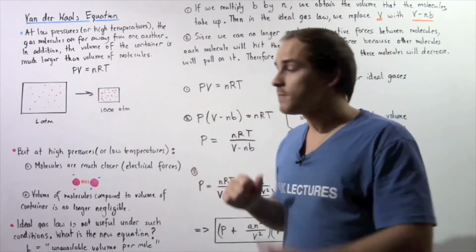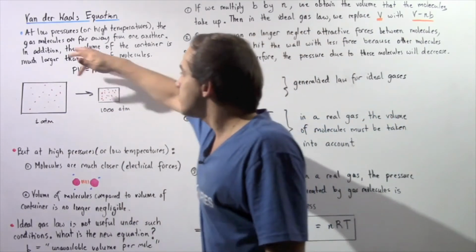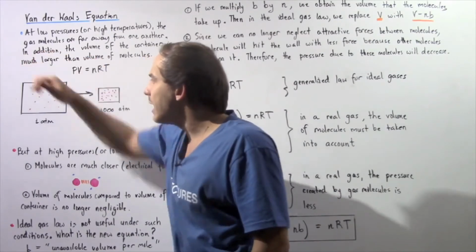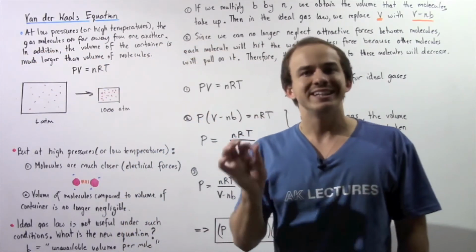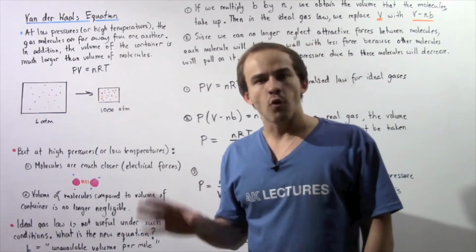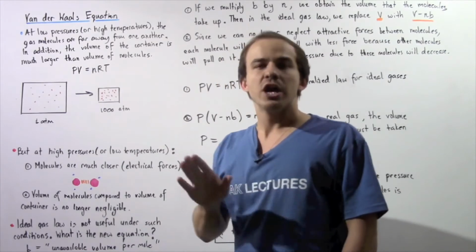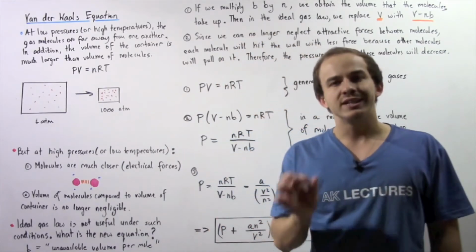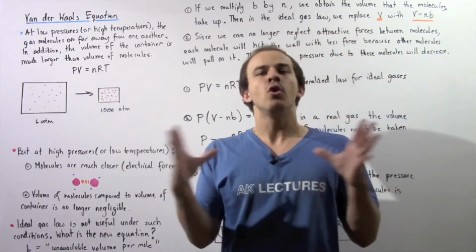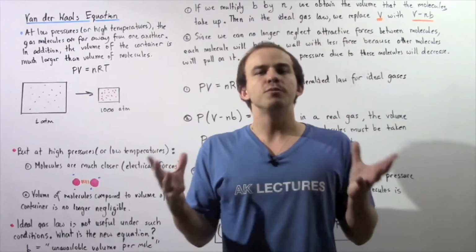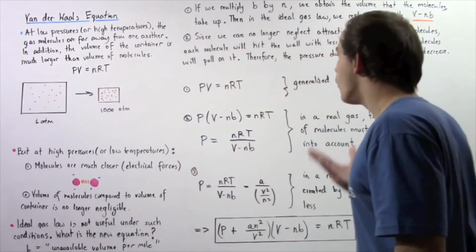Before, under conditions of low pressure and high temperature, the distance between any two molecules was very high, and that means we can neglect the electrical forces. But now the distances are no longer large, so we can no longer neglect these attractive forces, and the molecules will be pulled toward one another with more force, and so they will hit the walls with less force.